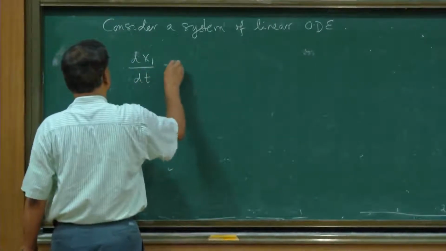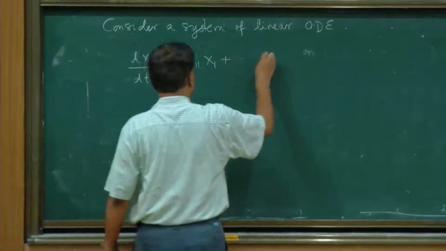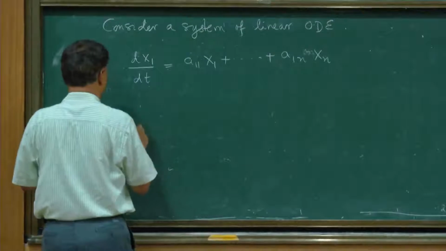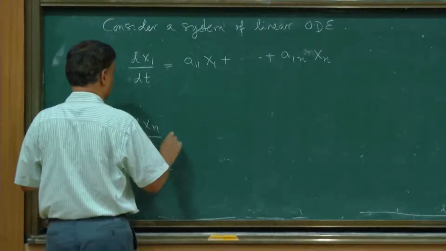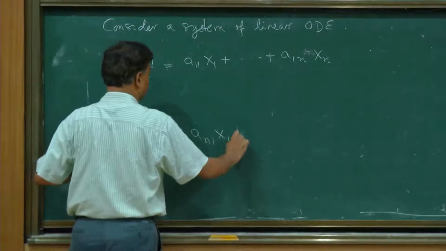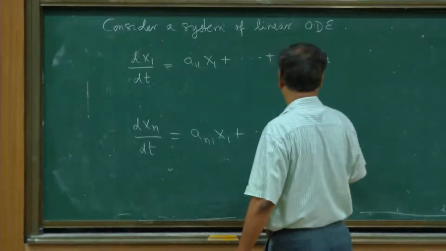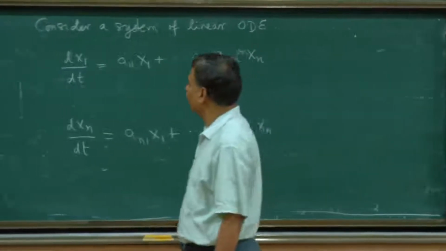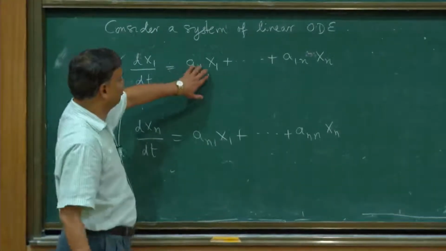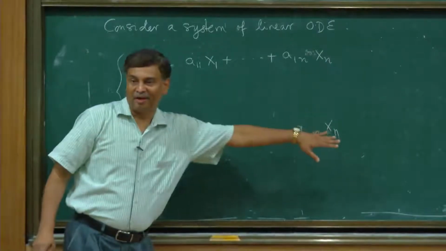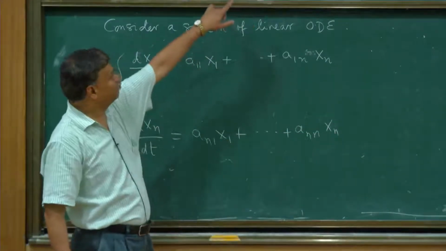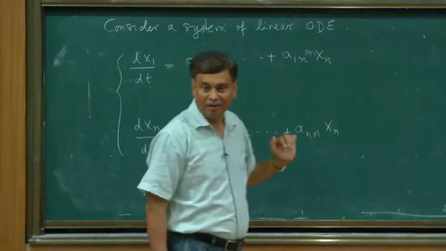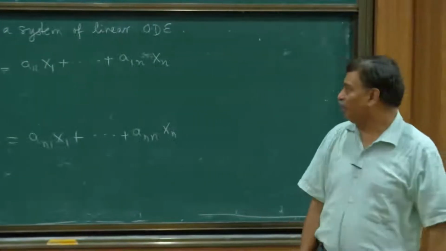So, dx1 by dt is, maybe, a11 x1 plus ... plus a1n xn, and so on, and dxn by dt is an1 x1 plus ... plus ann xn. If this system was what they call uncoupled, that means suppose I just had a11 x1 here and some constant times x2 here, some constant times xn here, then it is really n equations of this type, and I would get solutions very easily as some constant times an exponential. But now x1, x2 are mixed. So, how do you handle that?